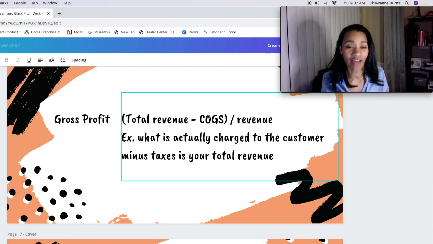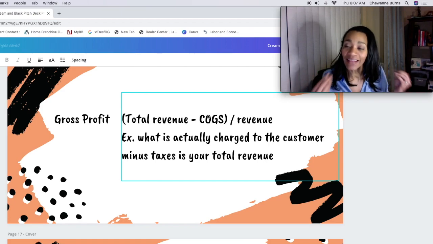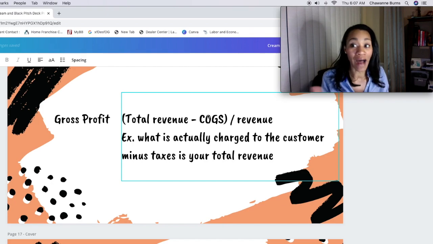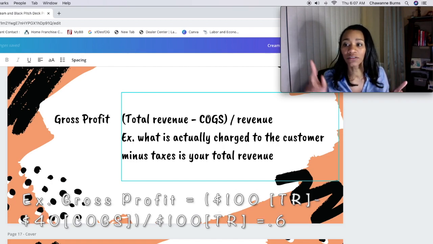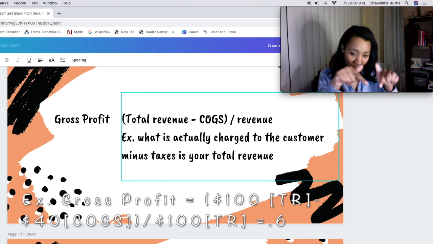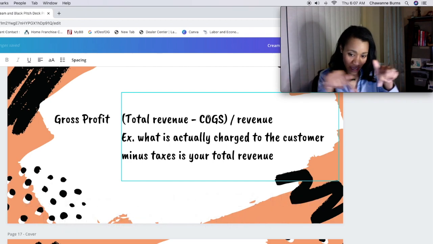But what are you actually collecting from the customer? Minus what is charged by the manufacturer, divided by the revenue. This is a percentage. You should get a decimal, but then times it by 100%. That calculation is at the bottom.